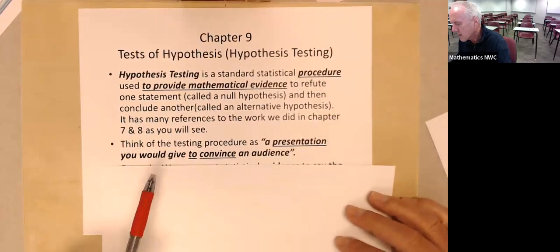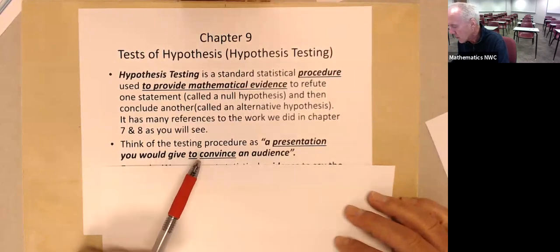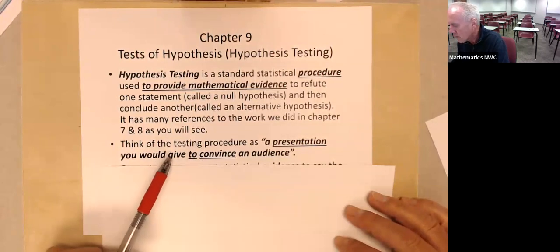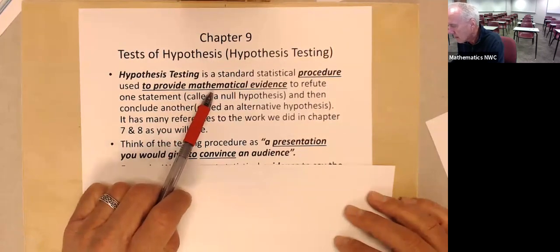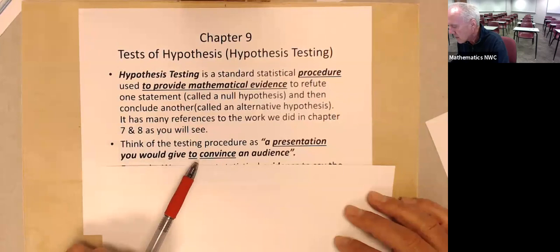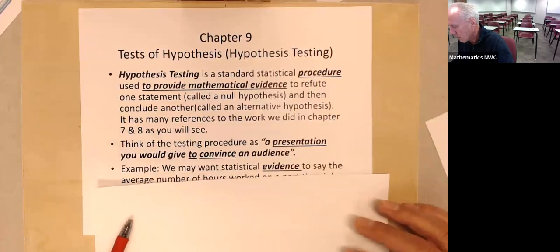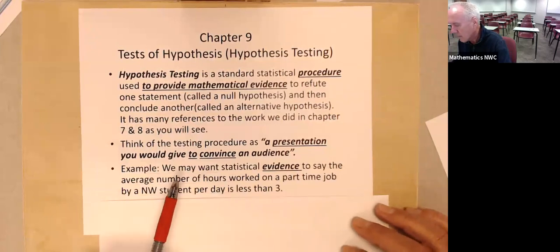Think of this testing procedure as a presentation you would give to convince an audience. It's used in business, it's used in the hard sciences, the soft sciences. It's a worldwide procedure that's used to give, again, mathematical evidence to emphasize or convince an audience of what we're trying to say.